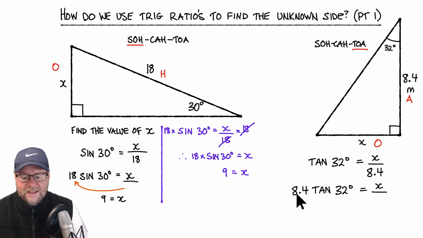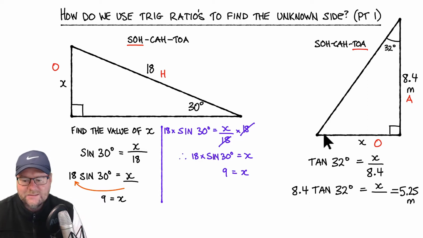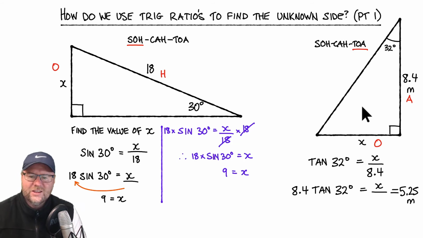Whack that in my calculator, 8.4 tan 32, and I get a value of 5.25. So the length of side x, my unknown side, was 5.25 meters. You guys are amazing. You just used trig ratios to find the length of the unknown side. Okay, good job, well done.